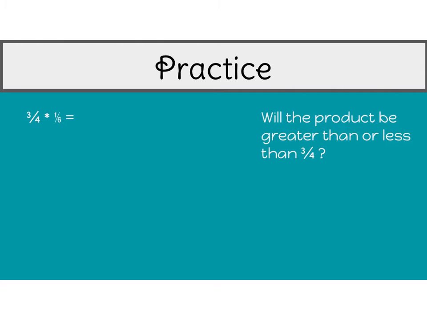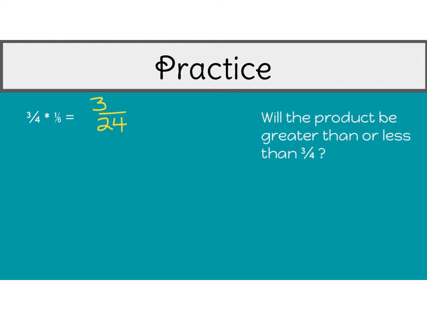So, thinking about what I just said, if I'm going to multiply my numerators, I would have 3 times 1, which gives me 3. And if I multiply my denominators, I have 4 times 6, which gives me 24. So this would be 3/24 of a unit square.